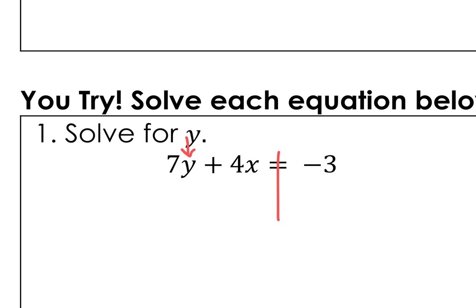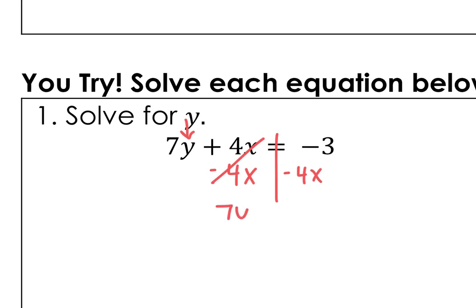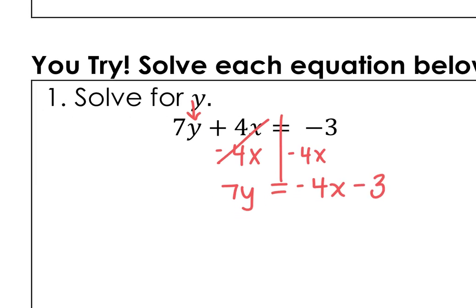So we need to undo this plus 4x first. So we're going to bring this 4x over to the other side by subtracting it. So that now I have 7y is equal to negative 4x minus 3. Those aren't like terms, so I can't combine them.